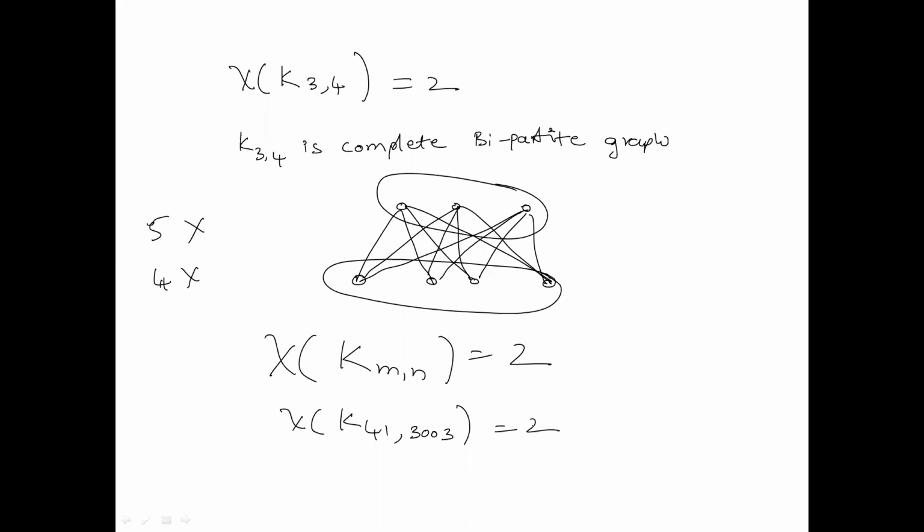And one important question is like chromatic number. They may give some specific graphs, something like this. They'll ask you to find the chromatic number of any graph. They give any graph randomly, then they'll ask to find the chromatic number of that graph. Okay.